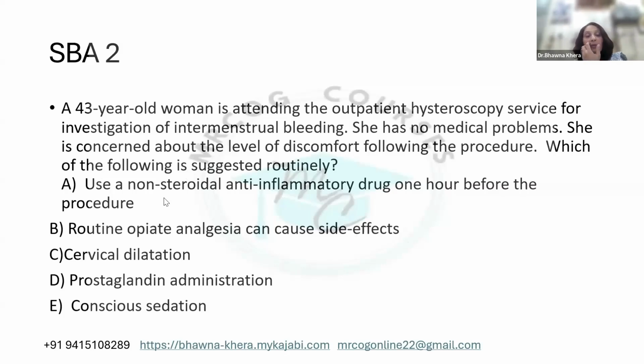Use a non-steroidal anti-inflammatory drug 1 hour before the procedure, or use a routine opiate analgesia and cervical dilatation, prostaglandin administration, or conscious sedation. The one which is most preferred, yes, everybody is right, is use of non-steroidal anti-inflammatory drugs 1 hour before the procedure. That is the maximum evidence and that is the one which is recommended.